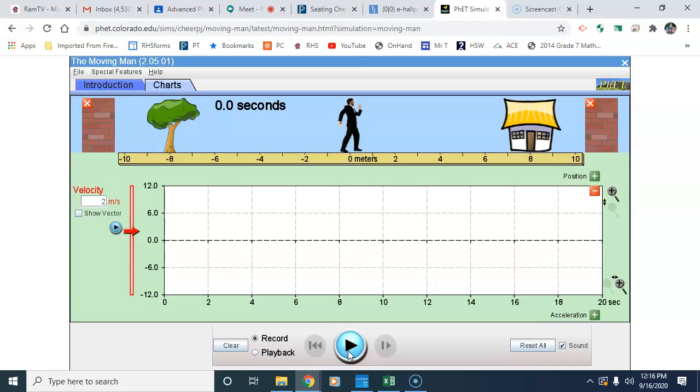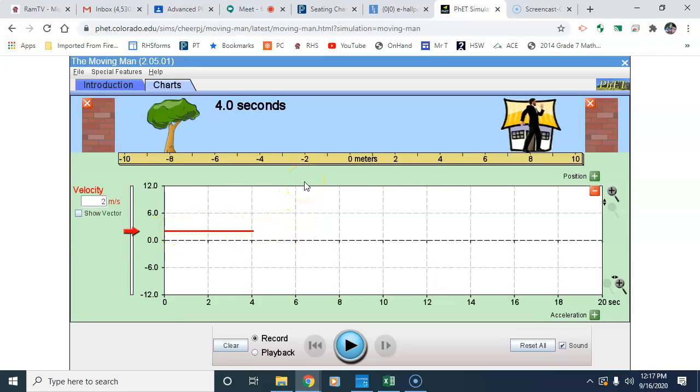So if velocity stays constant, won't it be a flat line? This is no longer position on this axis. So if I hit play, and this guy's already in motion at that 2 meters per second, let's go for like 4 seconds or however long. Right there, I'll pause it. So here's 0 velocity, right there's 6, so there's about 2. It stayed steady at 2 meters per second.